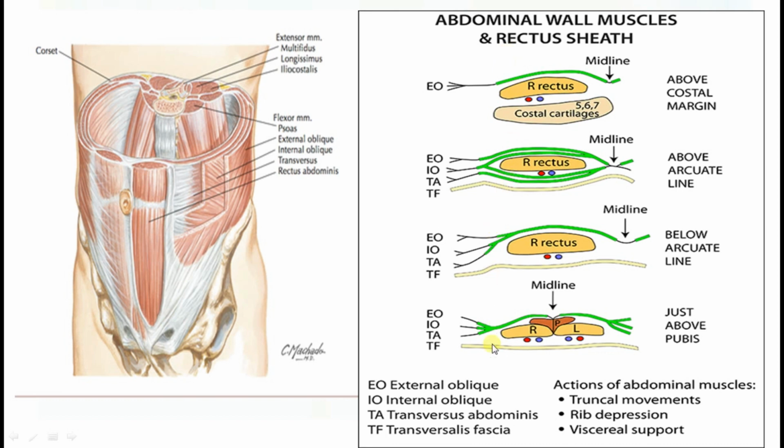A very simple diagram to represent. So above the costal margin, it is formed only by the external oblique aponeurosis. Behind it is deficient and it is lying on top of the 5th, 6th and 7th costal cartilage. Then this is above the arcuate line, midway between the costal margin and the arcuate line.